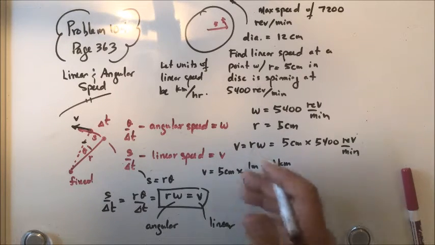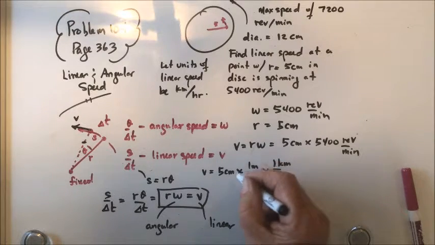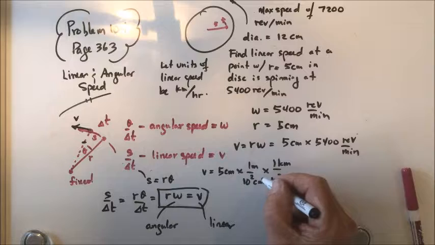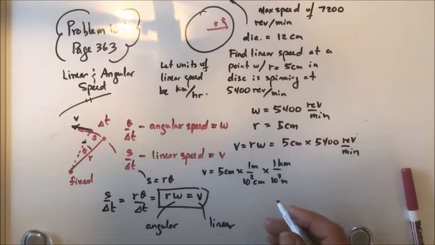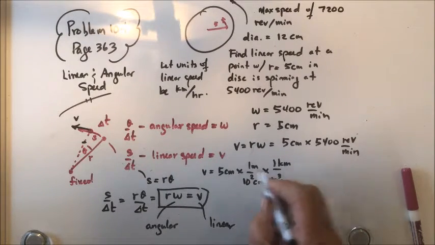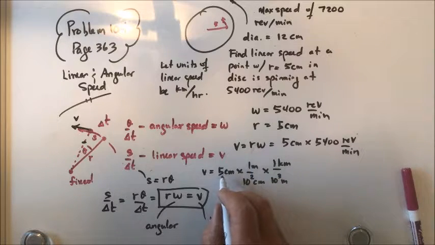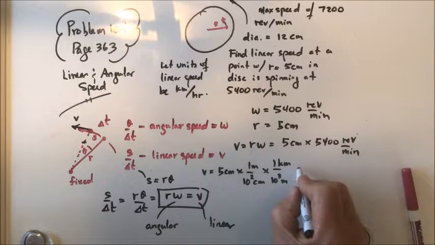What I'm doing is this thing I call unit analysis, where you just multiply these figures by 1, written in a different way. 1 meter is 100 centimeters, so 1 meter over 100 centimeters is 1. 1 kilometer is 1,000 meters, so 1 kilometer divided by 1,000 meters is 1. So I haven't done anything to this 5, but I have changed its units from centimeters to kilometers.